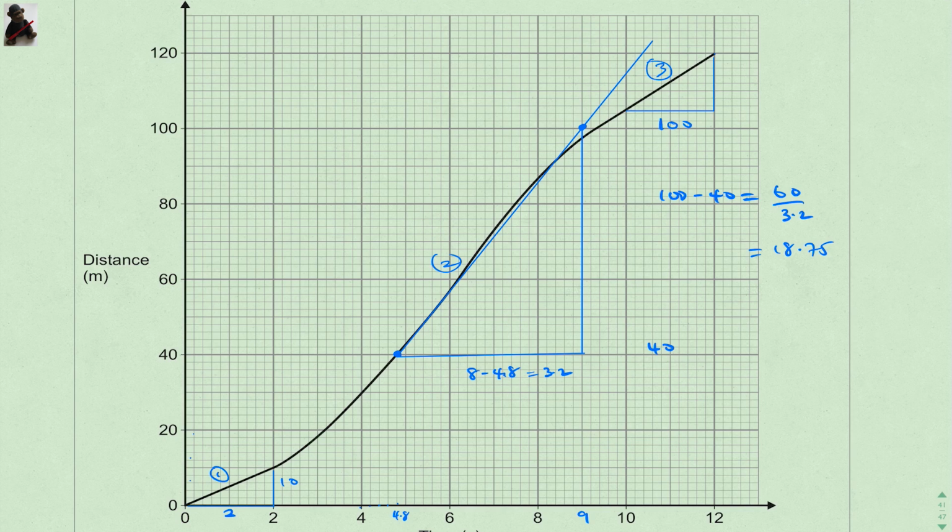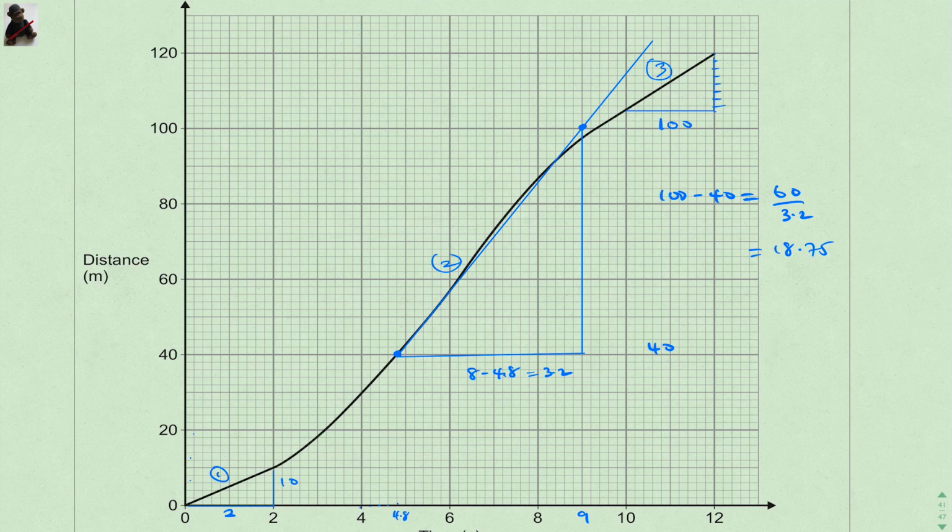So the height here is going to be roughly, so there are 10 between 20, so each little point is 2. So that's 2, 4, 6, 8, 10, and 12, 14, 15.